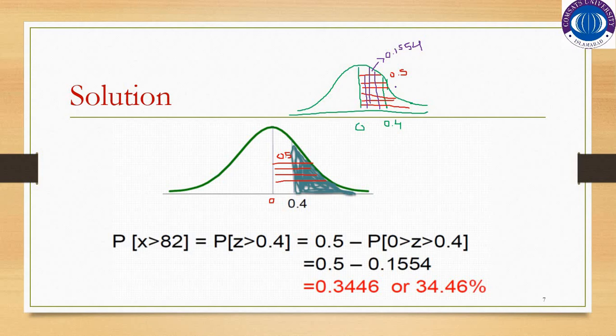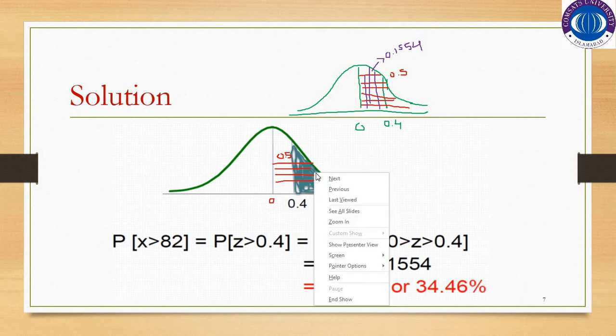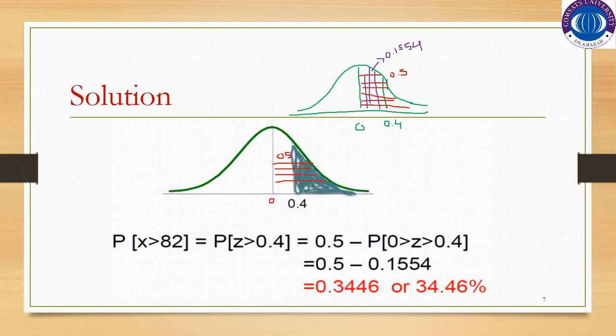So by subtracting 0.1554 from 0.5, you will be left with this particular area, which is the required area. So it will be 0.5 minus 0.1554, which is 0.3446.